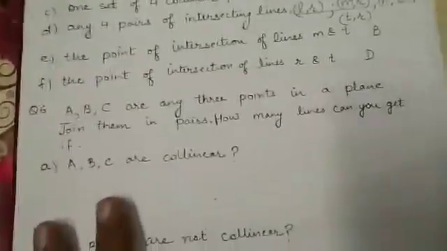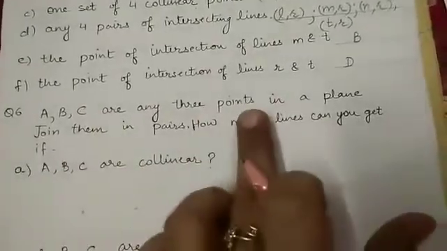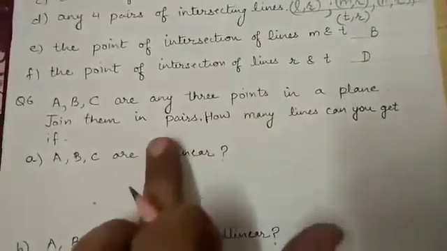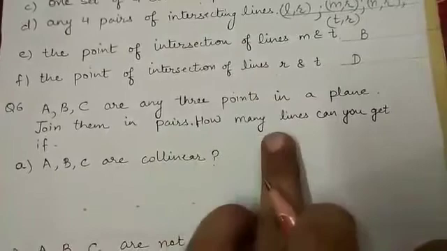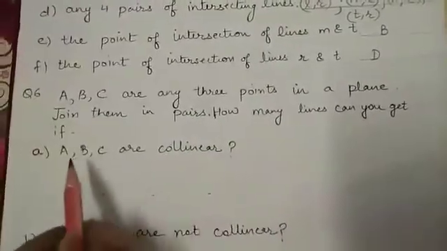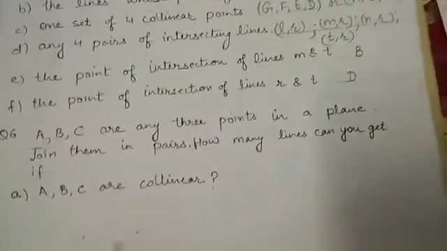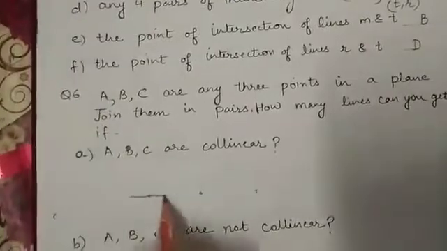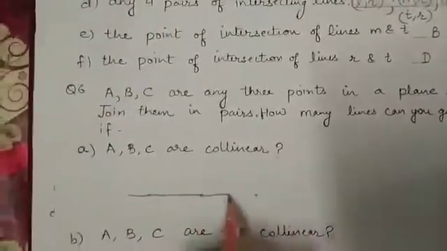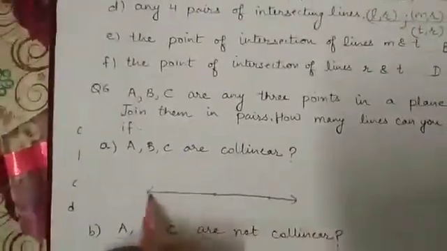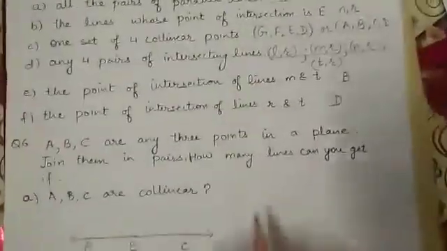Now question number 6. A, B, C are 3 points in a plane. Join them in pairs. How many lines can you get if A, B, C are collinear? If the points are collinear, it means if I try to draw a line, I can draw only one line.